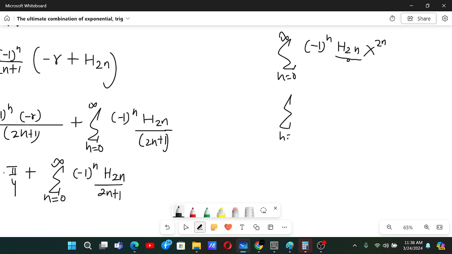So to find this, we will use the integral representation of H of 2n. The sum from n equals 0 to infinity of (-1)^n, integral from 0 to 1 of (1 minus t to the power 2n) by (1 minus t) dt, times x to the power 2n.